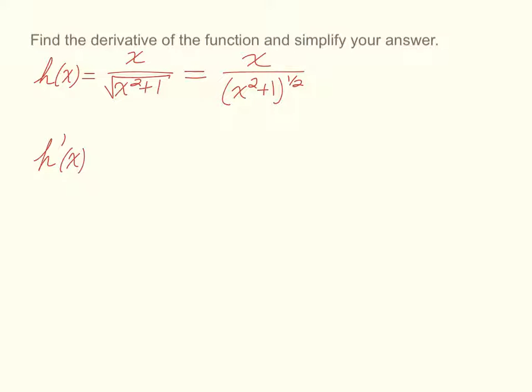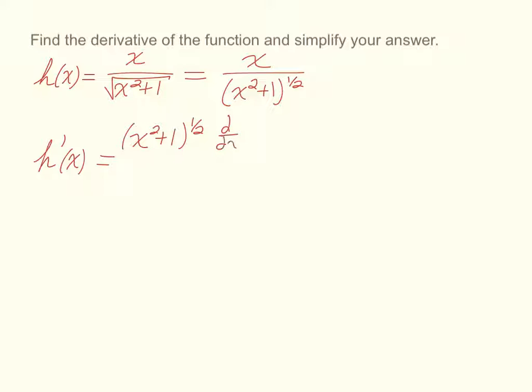To find the derivative using the quotient rule, we will start with the denominator, x squared plus 1 to the 1/2 power, and we will multiply the derivative of the numerator. And from that we will subtract the numerator times the derivative of the denominator.